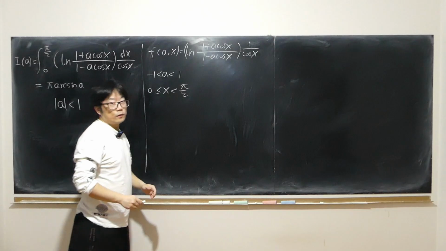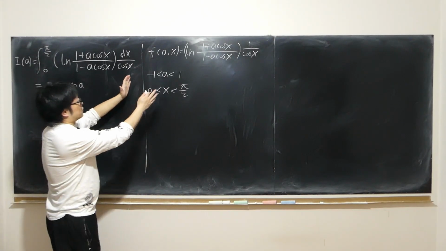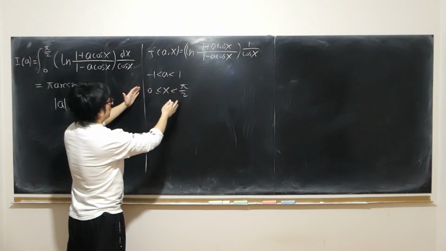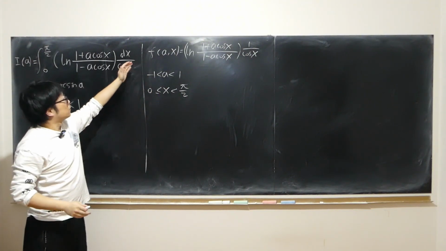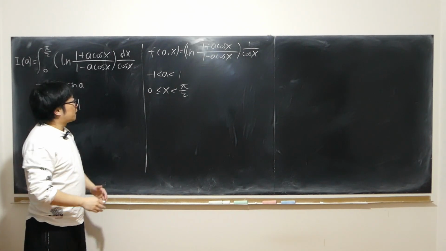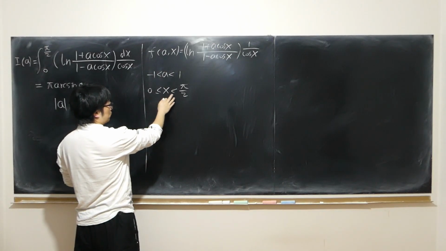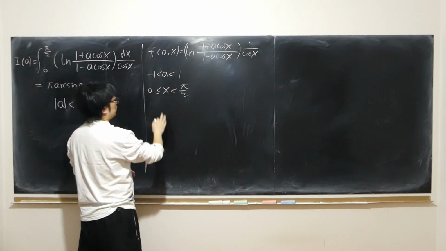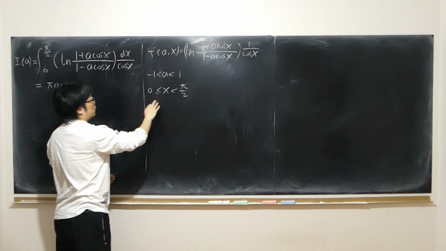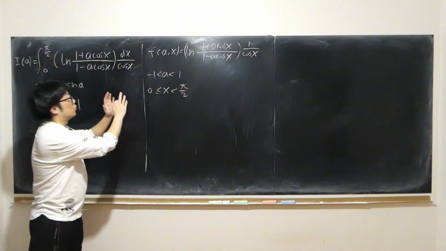We don't have a definition for this function. But at least in this rectangular domain, the function is obviously continuous. So the question is, is it also continuous when x equals half pi? A is in between, any value in between this open interval.